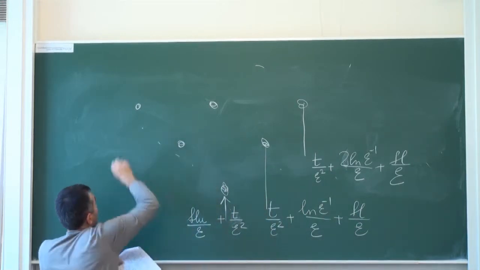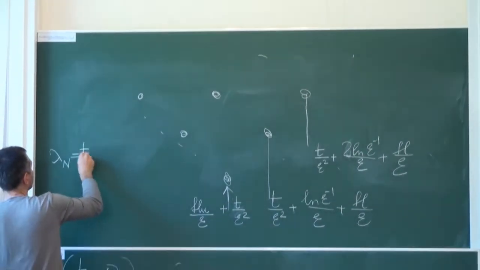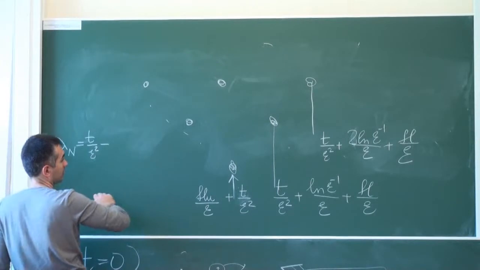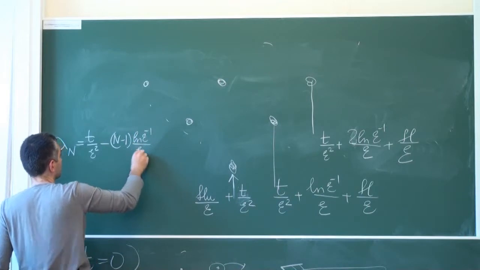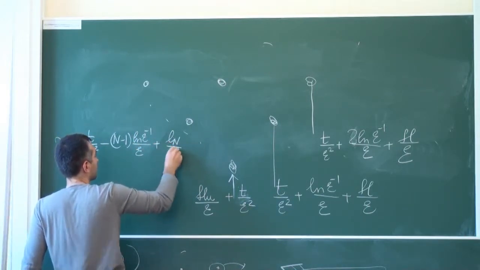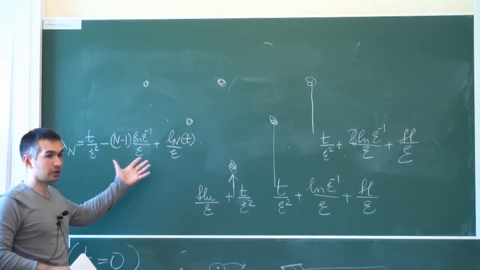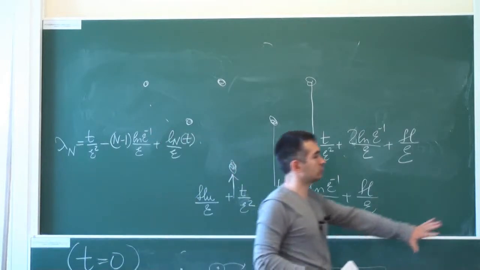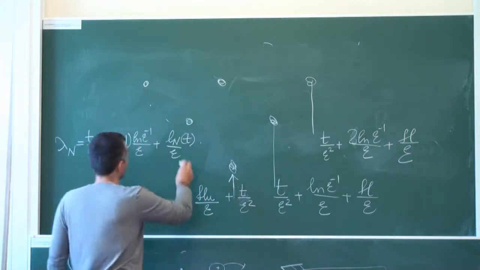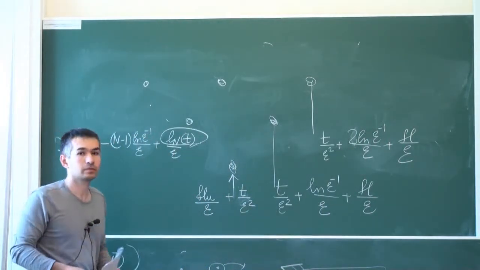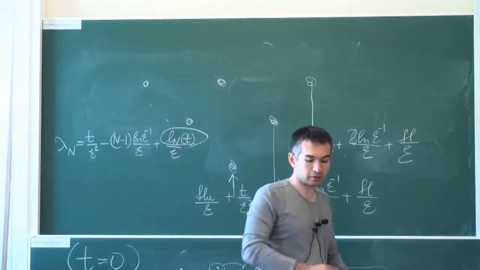So I can write that lambda n is equal to t over epsilon squared minus n minus 1 times log epsilon inverse over epsilon plus some fluctuation l_n dependent on t divided by epsilon. Now this picture can be just read off from these formulas. It's fairly simple. Now the interesting question is, what are these fluctuations? I subtracted the underlying lattice, and I get down to the fluctuations.